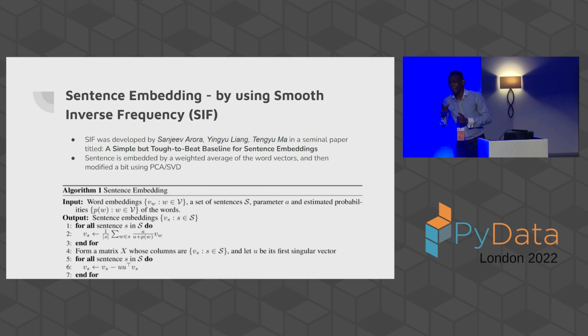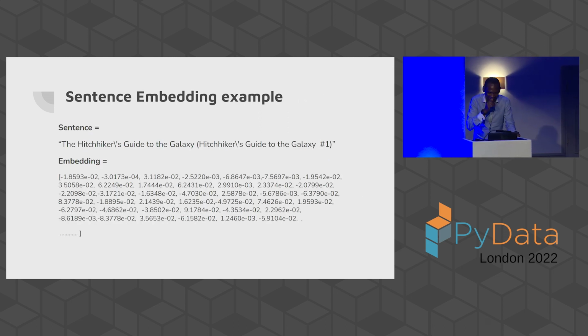And here's the sentence embedding. It's just an example of what it looks like. Typically it will be of size 300, depending on the baseline embedding you're using. In my case, I'm using GloVe, I think GloVe 300.